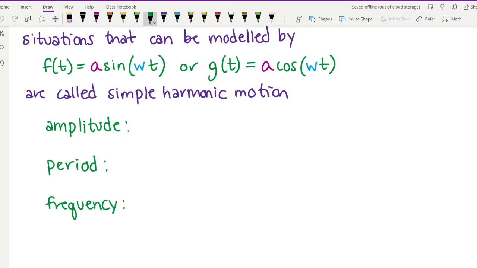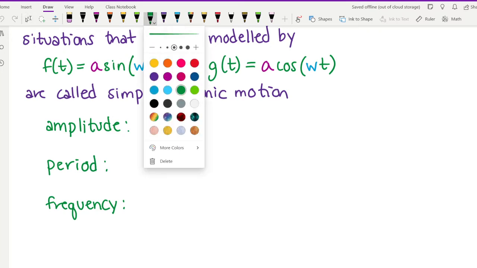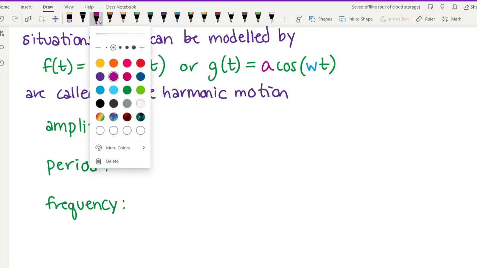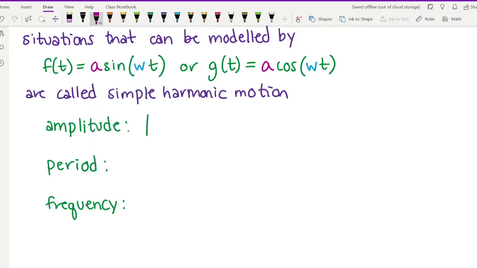So for example, how would you find the amplitude of a trigonometric function that's a times sine of wt or a times cosine of wt? Well, it's going to be the absolute value of this number a, right? This is something that we learned back when we were talking about transformations. Because this number a is going to be your vertical stretch or compression, and it could be negative, right?